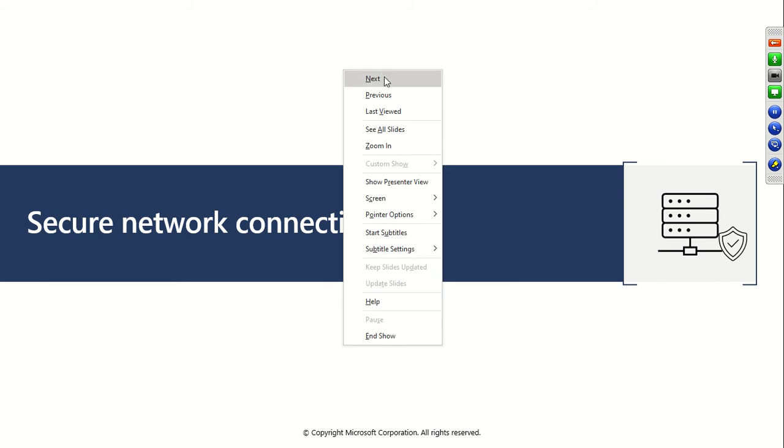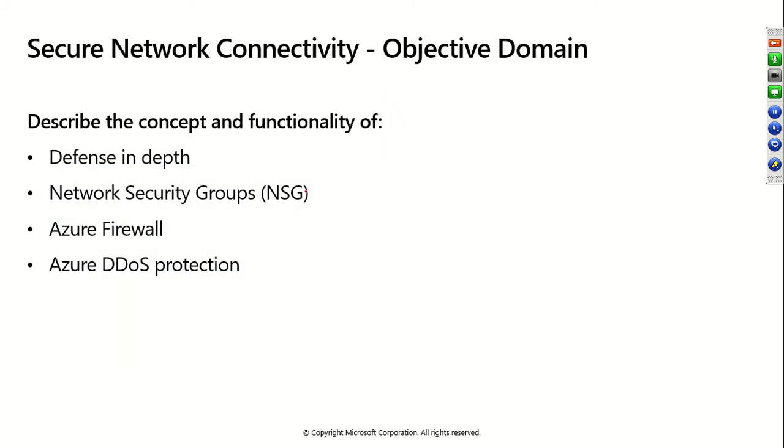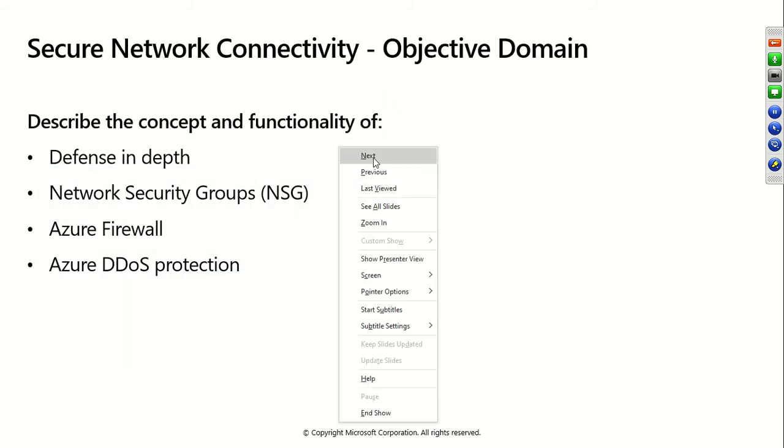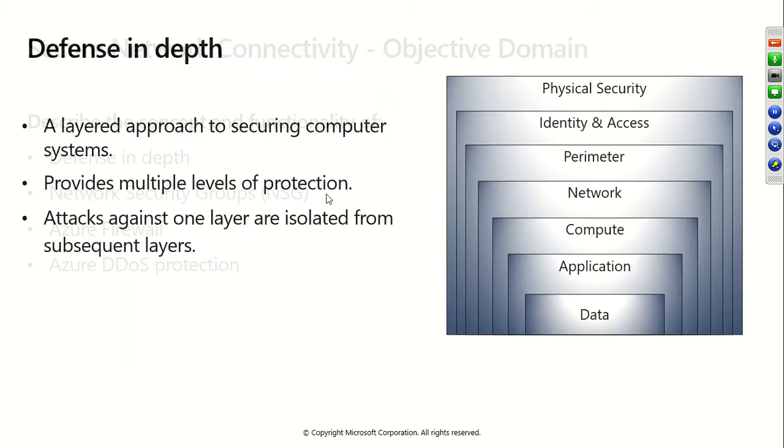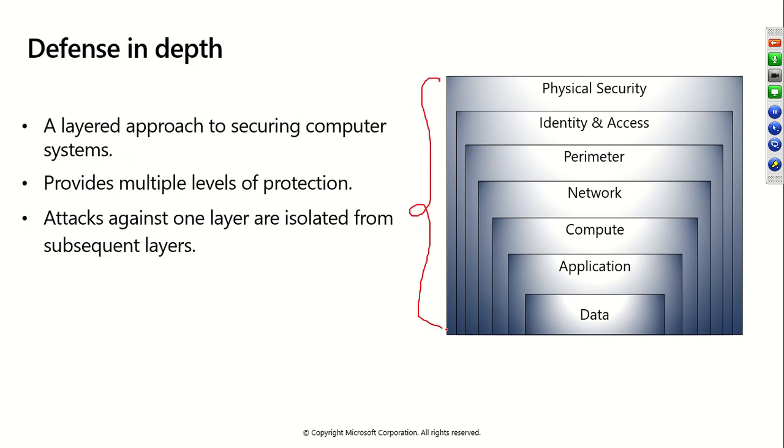Okay, secure connectivity. How can you connect securely to any of your resources in Azure? Security should be a multi-layer approach. Security is not supposed to be one approach. If you secure your data and you don't secure the application, that will be an issue. If you secure the application and you do not secure compute, that will be a loophole, and you are as secure as your weakest link.